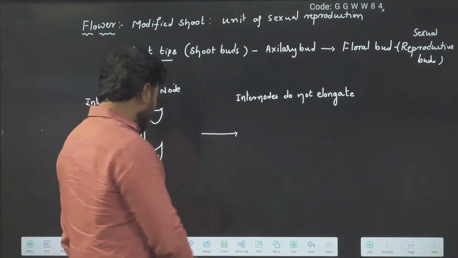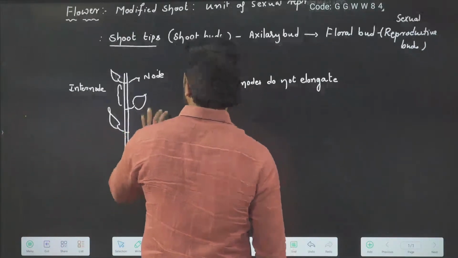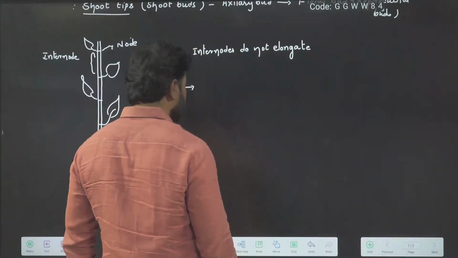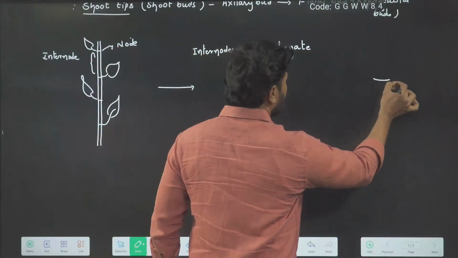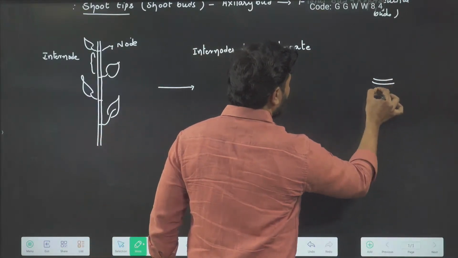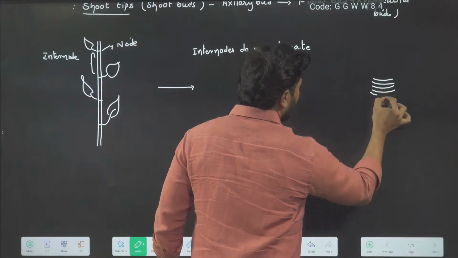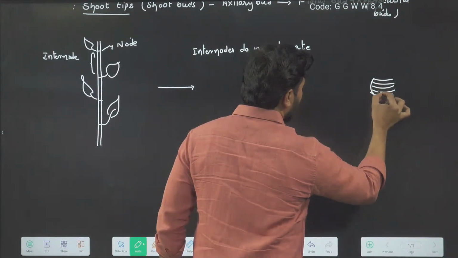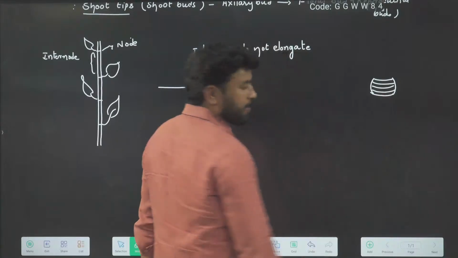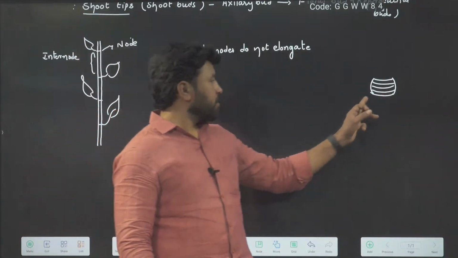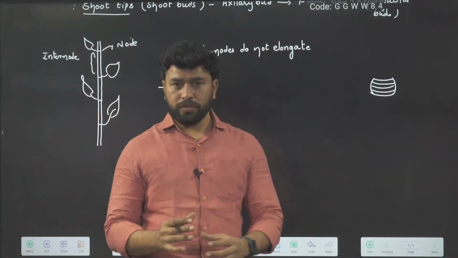Think about that. If you do not elongate internodes, what happens? All the nodes will come close to one another. These lines represent nodes.